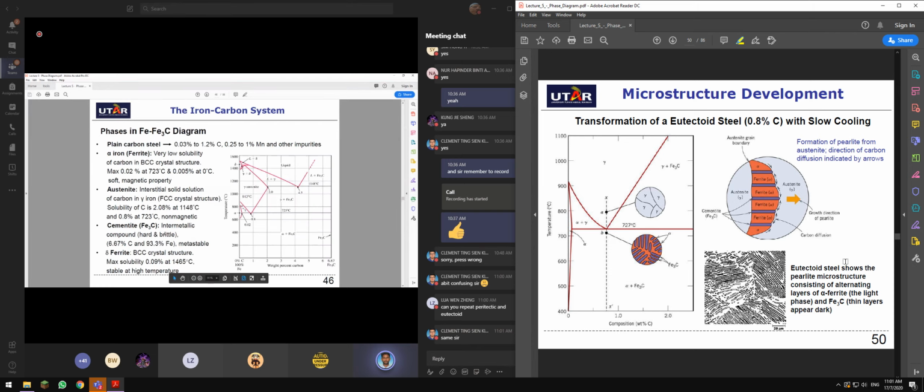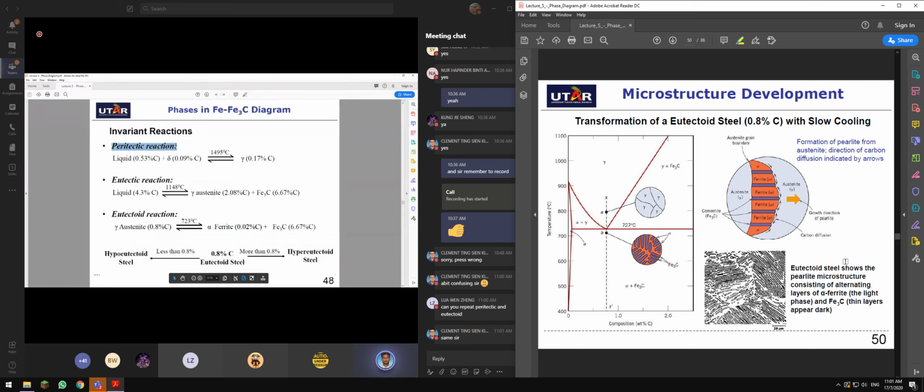That is peritectic. Liquid having two distinguished phases: we have this delta ferrite, and also pure liquid iron, and ferrite BCC iron.